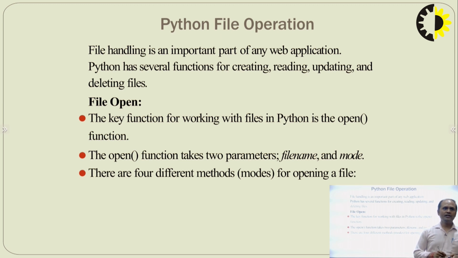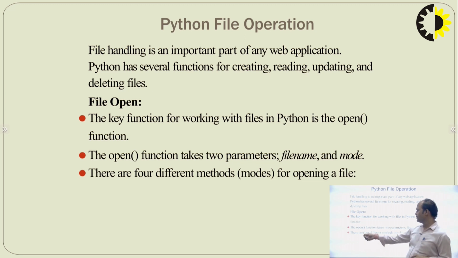The key function for working with files in Python is the open function. What do we mean by the open function? When we use the open function, we can directly open the file from the program.